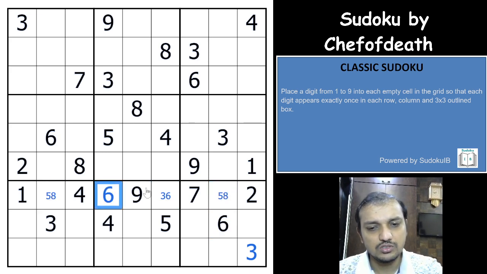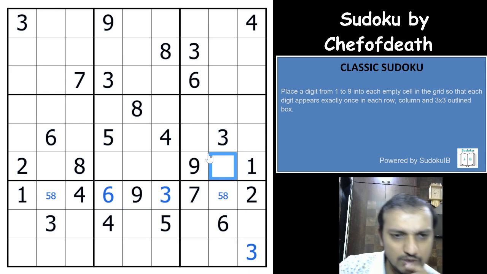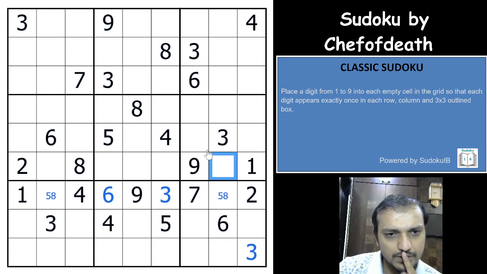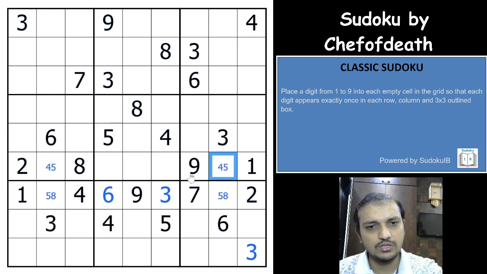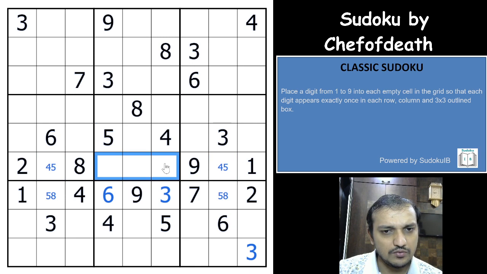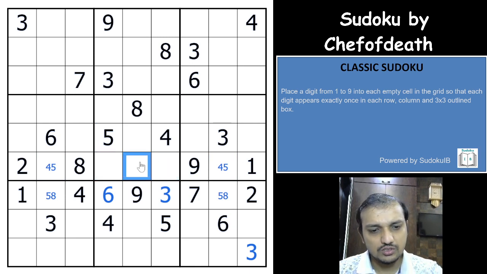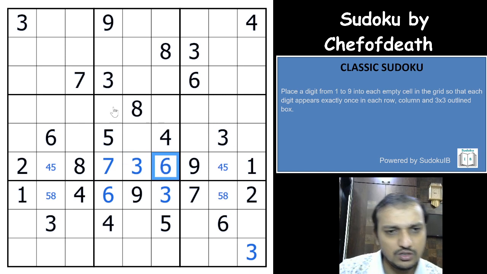So this is 6 and 3 here. Right, and then you have 5, 4 as well. So 4 and 5 would have to be here, which means you will have 3, 7 and 6. So this is 3, this is 7 and a 6 here.